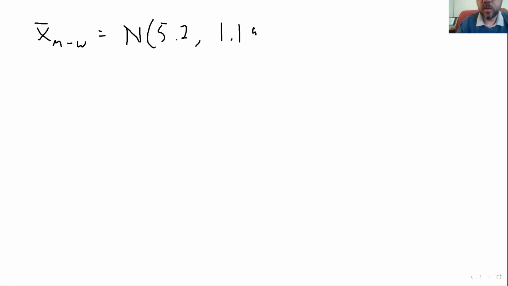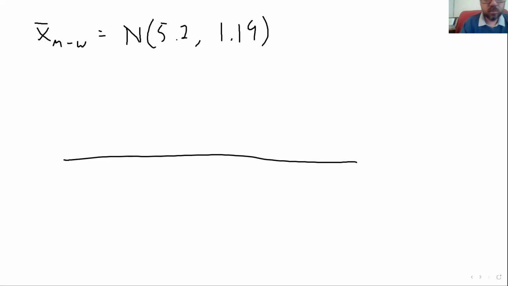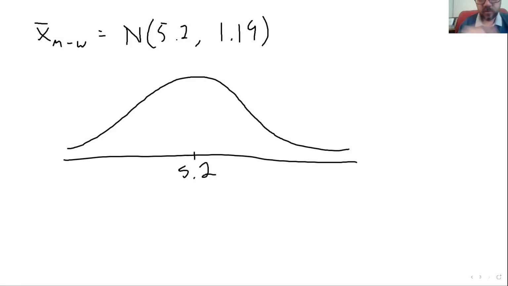So this guy is X bar M minus W is N(5.2, 1.19). That's a terrible 9. Right, so we're going to graph that. Of course, it just looks like every other normal distribution when I'm sketching it. 5.2, standard deviation of 1.19.